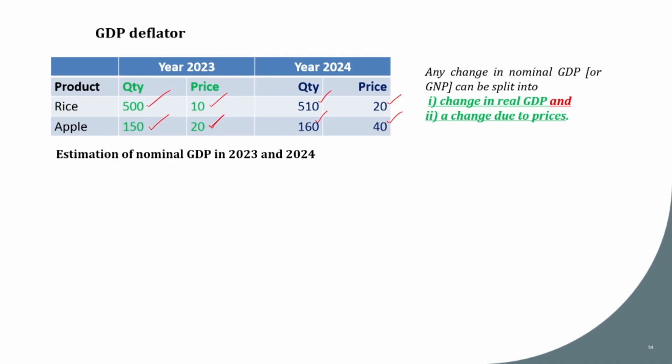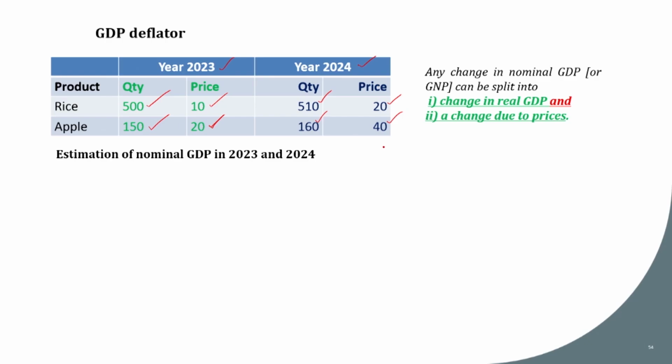When they calculate GDP in 2023, they use the quantity of 2023 and the price of 2023 itself. That means when CSO calculates, in fact, they directly calculate nominal GDP. So they calculate nominal GDP in 2023, and in 2024 they calculate nominal GDP of 2024 using the quantity of 2024 and the price of 2024.